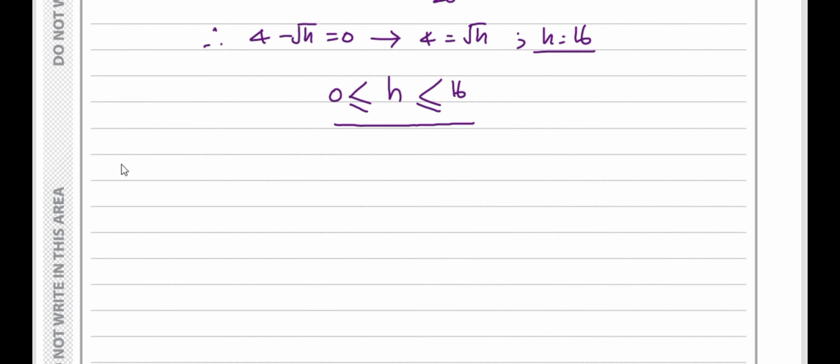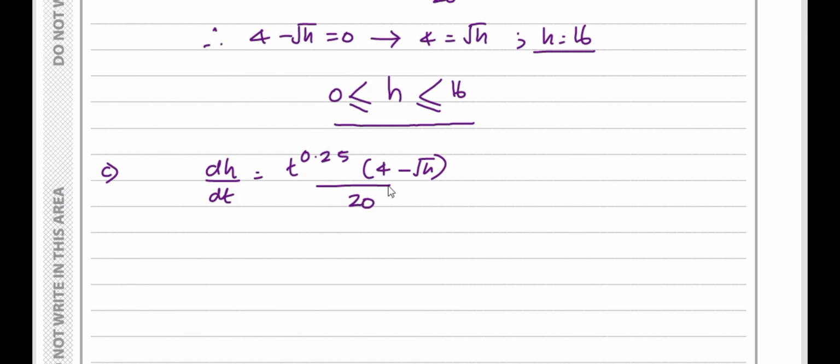Let's first write the given differential equation. So dh by dt equals t to the power of 0.25 bracket 4 take away square root of h all over 20.